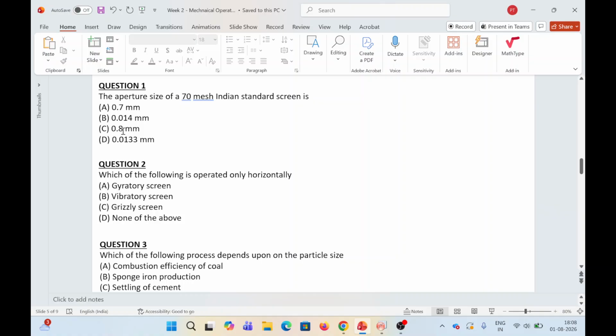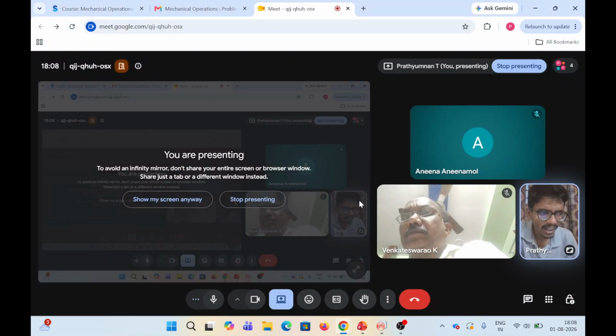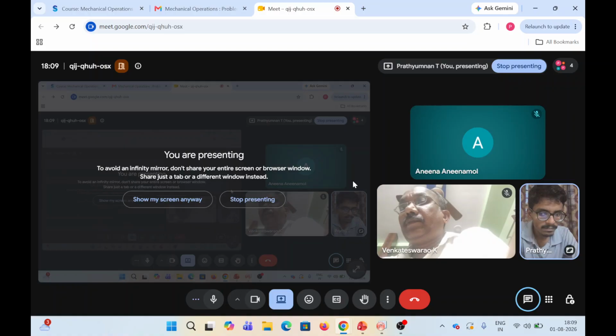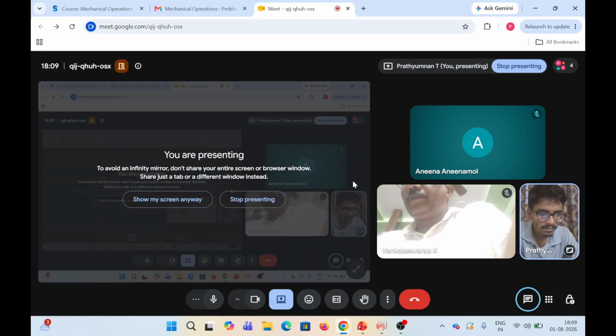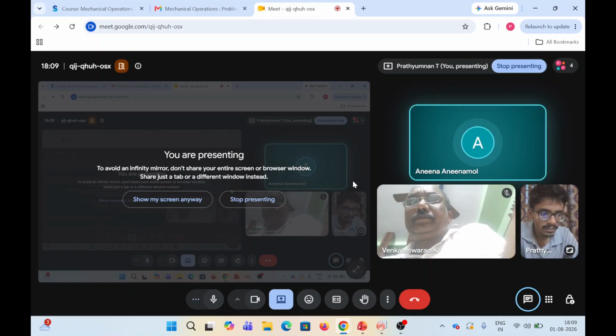The number of openings per unit length, linear length.